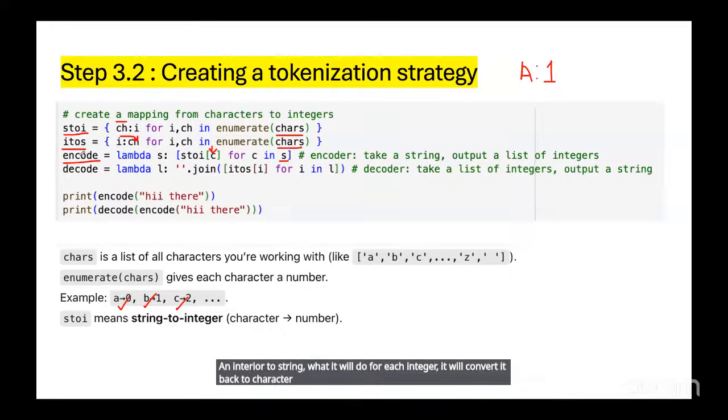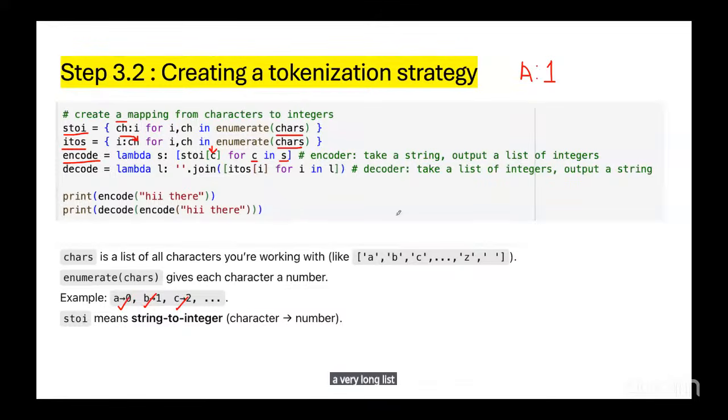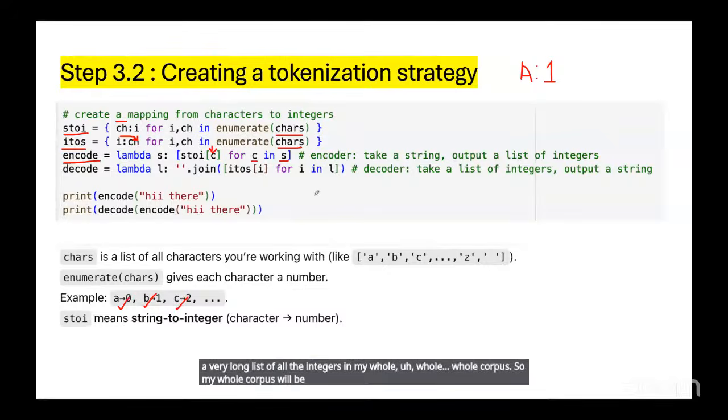Okay, so my encode will be, for every character in my string, string to integer for each character, right? So my encode will look like a very long list of all the integers in my whole corpus. My whole corpus will be converted into a list of integers.